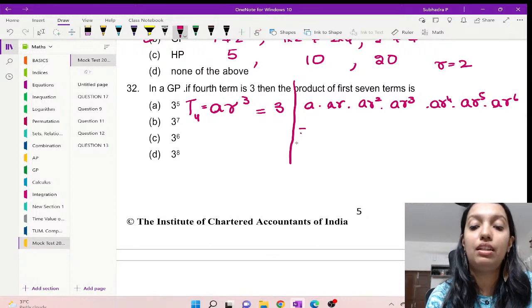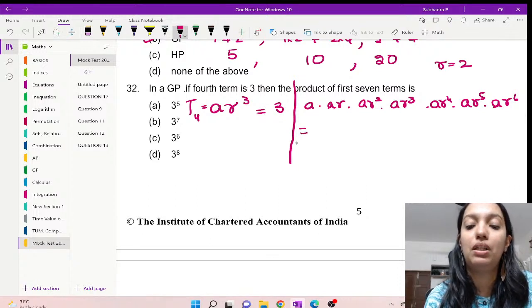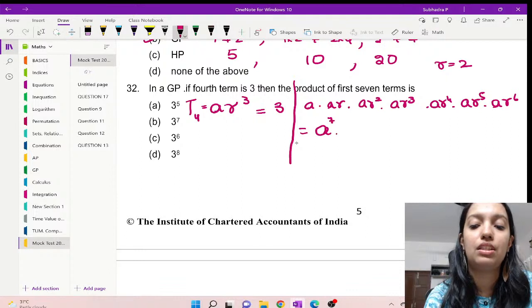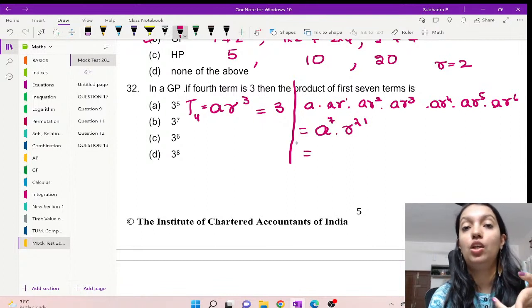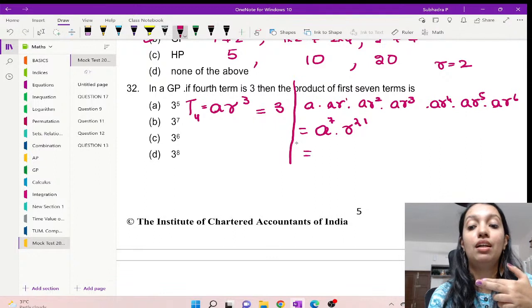Can I simplify this further? How many times is A multiplied? A to the power 7. R, 1 plus 2 plus 3 plus 4 plus 5 plus 6 indices, you will get 21. You are observing AR cube is given. A power 7, R power 21.